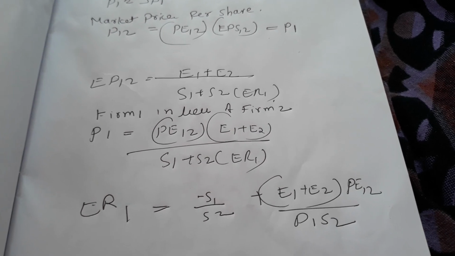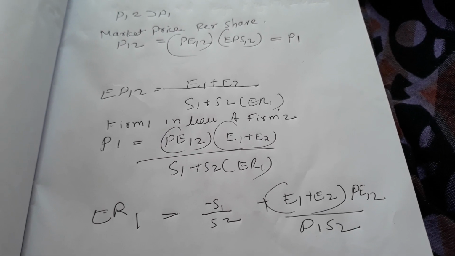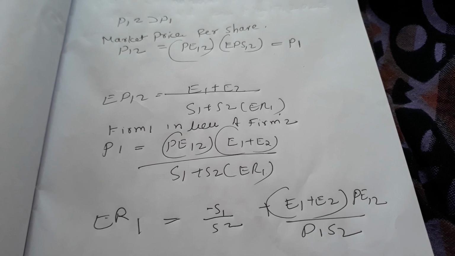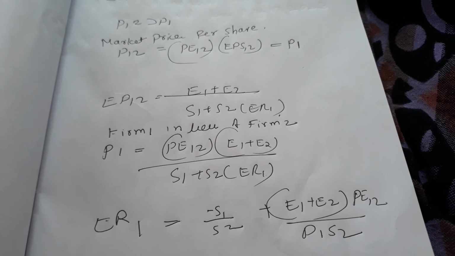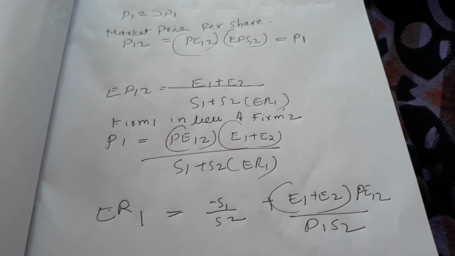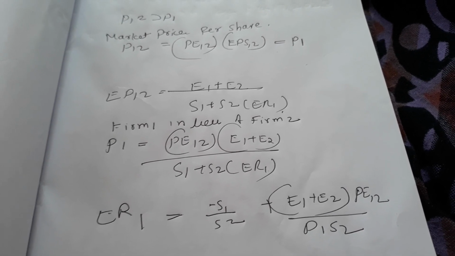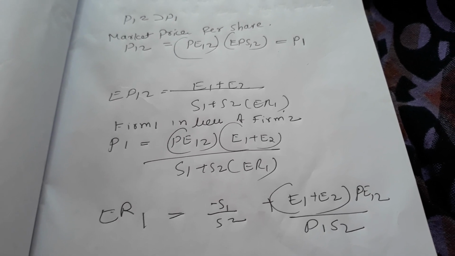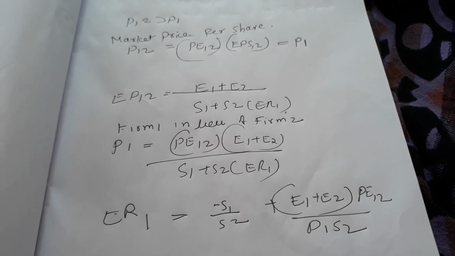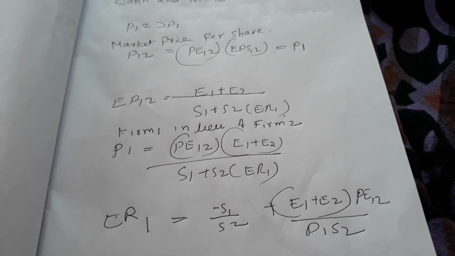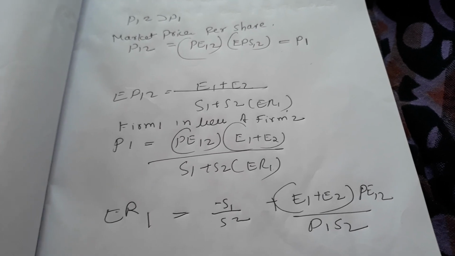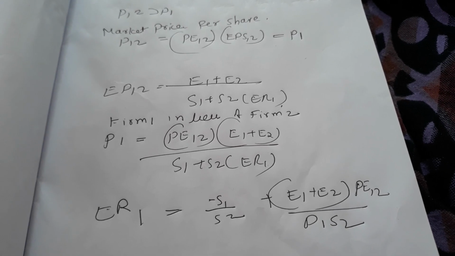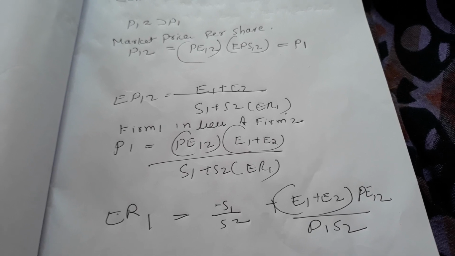That is, in order to understand the exchange rate ratio of firm 1, how many shares should be issued by firm 1 for firm 2, we divide the number of shares of firm 1 by the number of shares of firm 2, plus earnings of firm 1 plus earnings of firm 2 into the P by E ratio of the combined firm, divided by the market price of the first firm into the number of shares of the second firm.